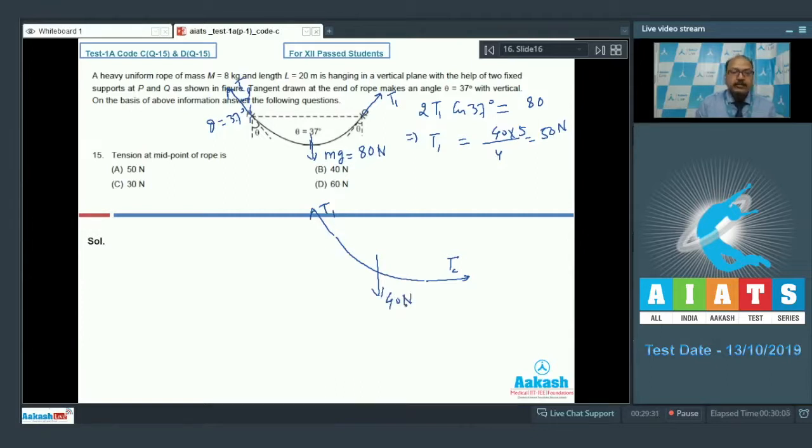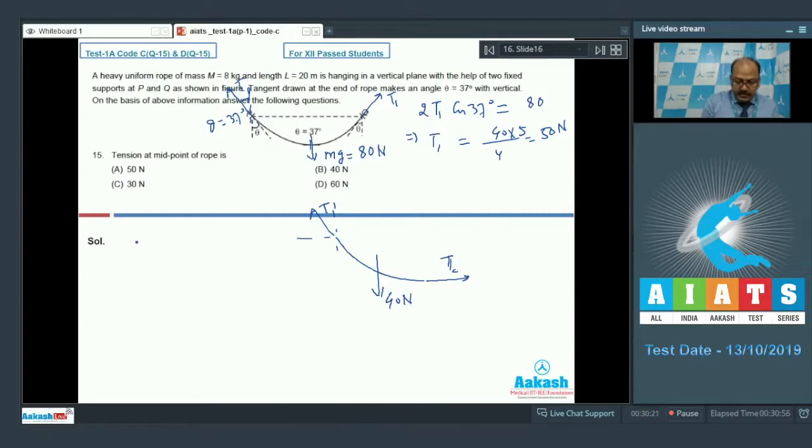We need to only concentrate on equilibrium in the horizontal direction. So in the horizontal direction, there are two forces, TC and component of T1. We look at the equilibrium in the horizontal direction. The component of T1 is T1 sine 37 degree, and there is TC here.